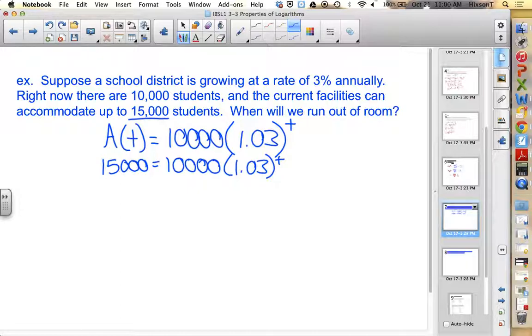You hit the control and then enter to convert it. Or when you type in your division problem, if you do 3 decimal point divided by 100 and hit enter, it'll give you the decimal.